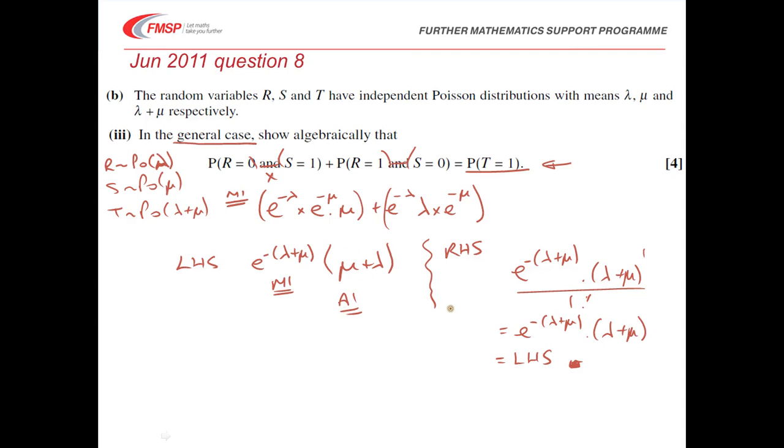You then get your final mark for either stating that this is the same as the right-hand side, which I don't particularly like, or by actually showing that the right-hand side, the probability of T equaling 1, is exactly what it is. So that's a really nice question, testing your understanding about independent Poisson distributions. And it's always true, by the way, this statement, because you've proved it.